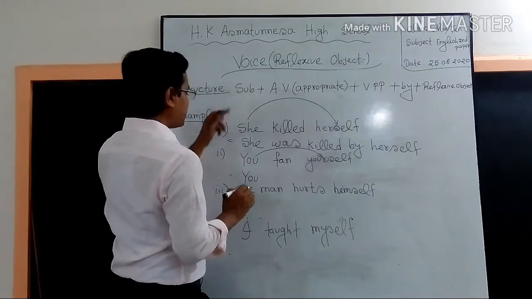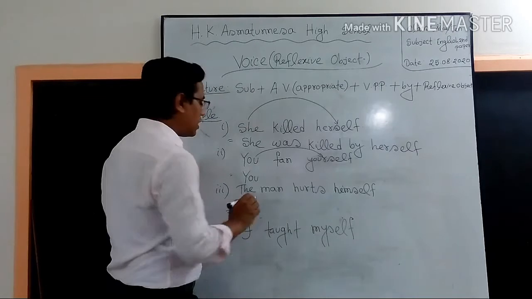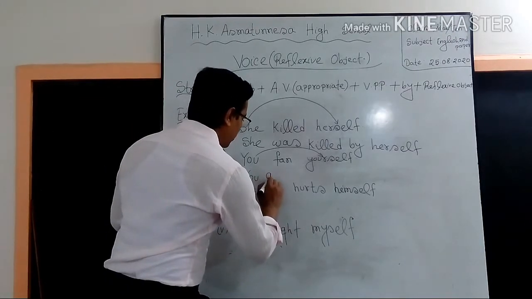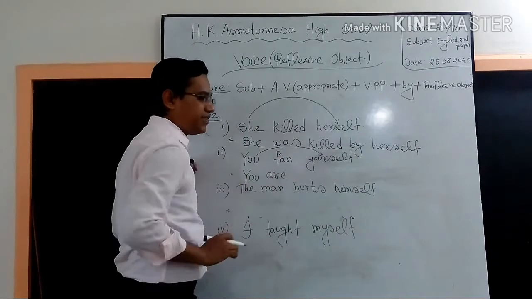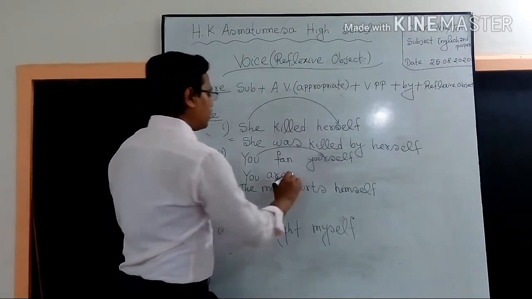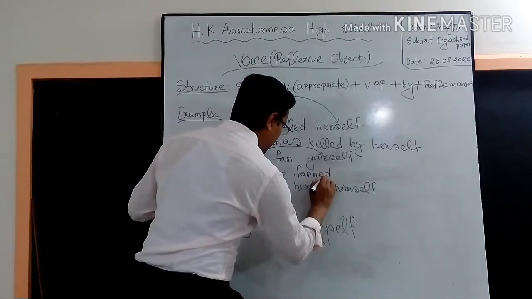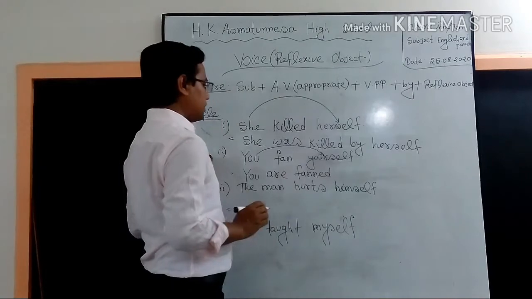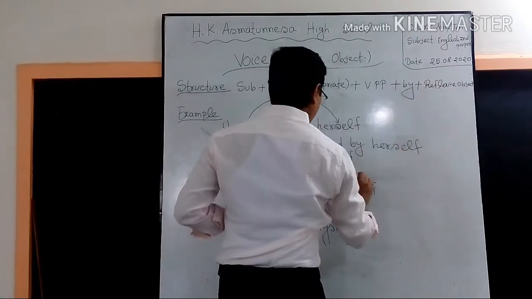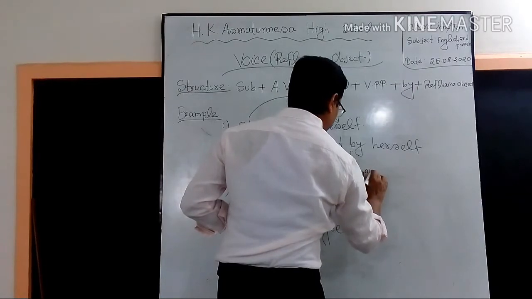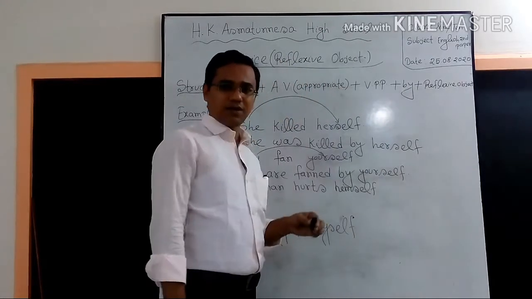That means we will follow this structure. You, then I have to bring the appropriate auxiliary verb. So I will write are, since this is an example of present tense. You are, then the past participle form of the verb. Then we write by. Then the reflexive object.